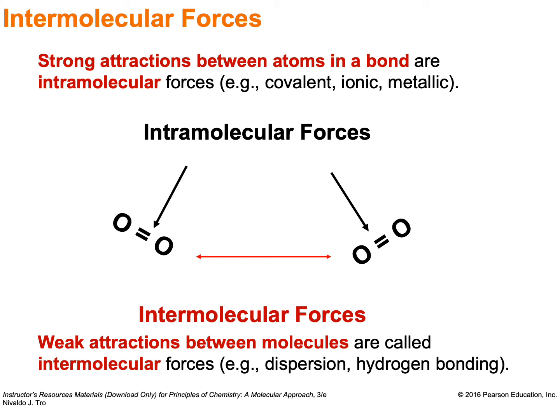So those forces are the strongest by far: covalent bonds, ionic bonds, metallic bonds. Other types of forces can be significant if there are a certain quantity of them around. For example, hydrogen bonds, dipole bonds, and dispersion forces are all weak forces, and they're called intermolecular forces. They take place between one molecule and the adjacent molecule.